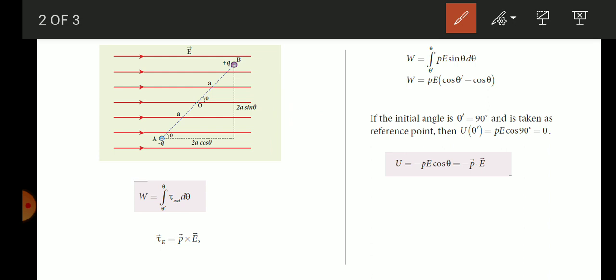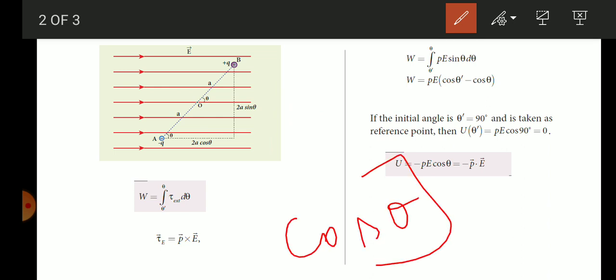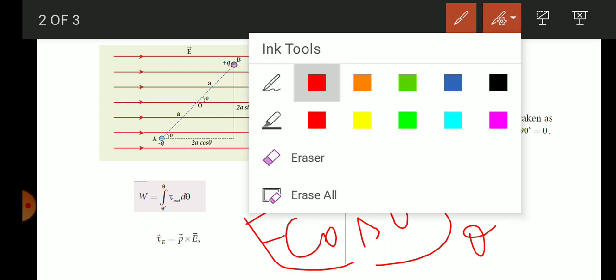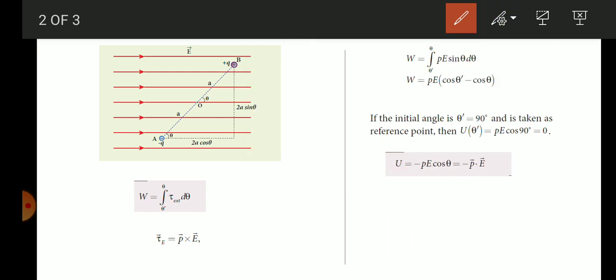Then there is a formula for applying the limit: upper limit minus lower limit. Integration of sin theta is equal to minus cos theta. Then applying the limit, you will get upper limit minus lower limit. The upper limit is theta and the lower limit is theta prime.